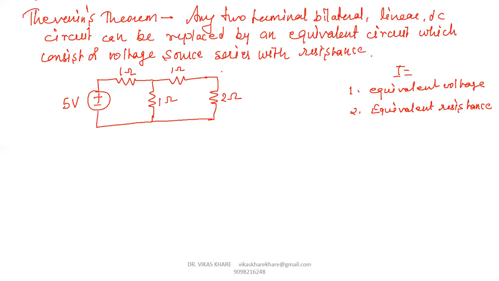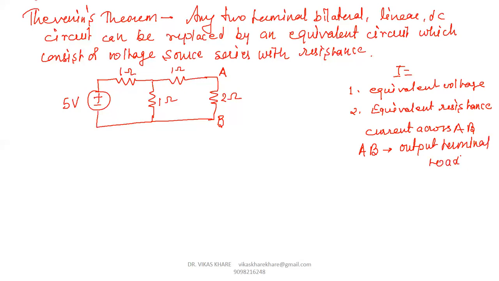So if we want to identify the current across the AB terminal, the AB terminal is considered as the output terminal, or maybe the load.